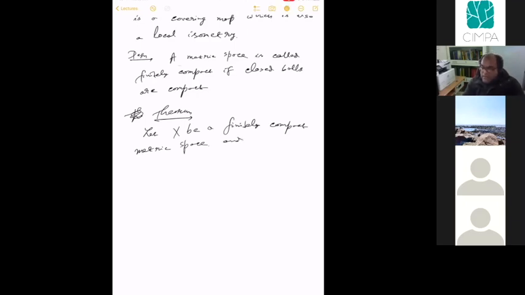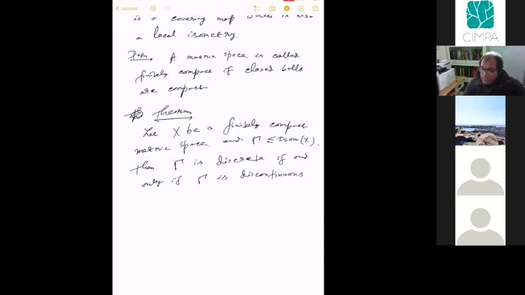And gamma is a group of isometries of X. Then gamma is discrete if and only if gamma is discontinuous.